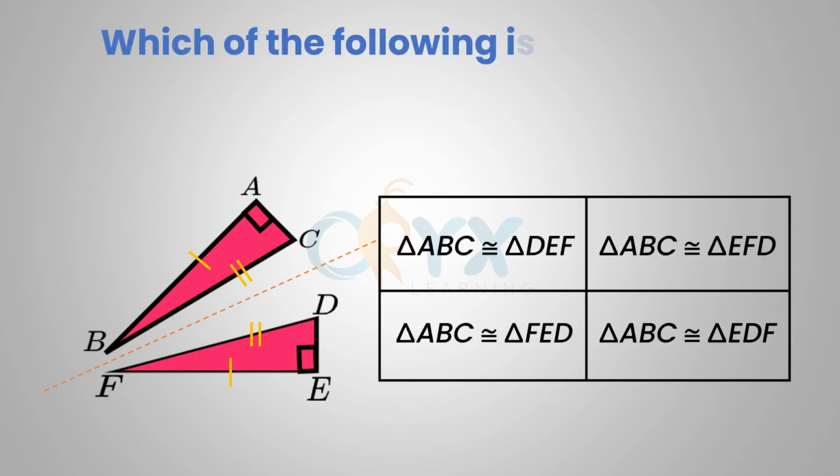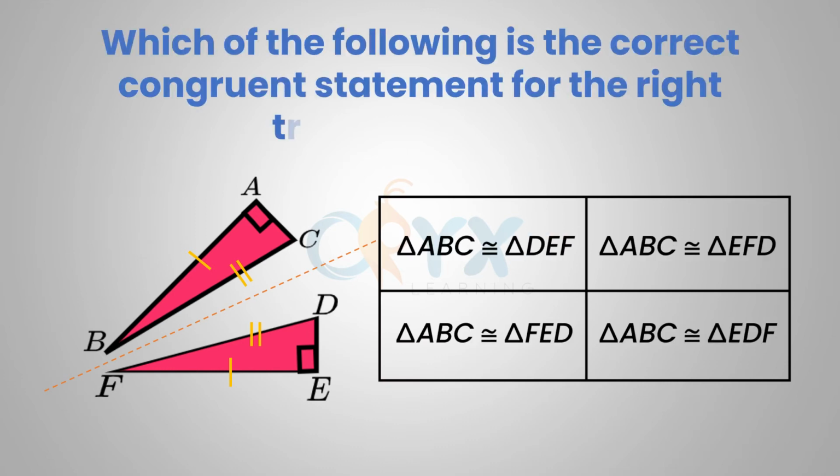Which of the following is the correct congruent statement for the right triangles below? Using the top triangle, we can see that if we reflect it over a line, it would create the bottom triangle. Remember, when using transformations, they create congruent figures, and all of their corresponding parts would also be congruent.